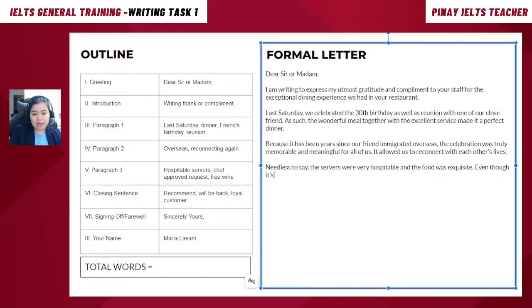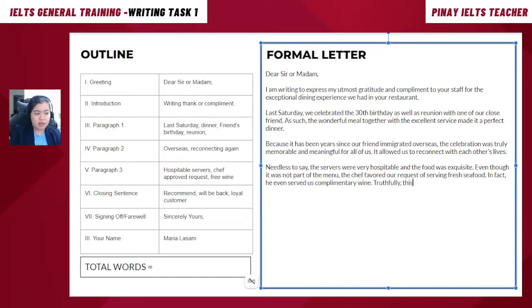Okay, now I'm talking about the chef. Even though it was not part of the menu, the chef favored our request of serving fresh seafood. In fact, he even served us complimentary wine.